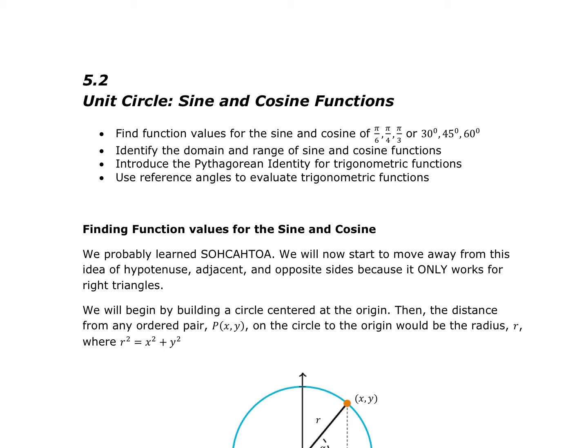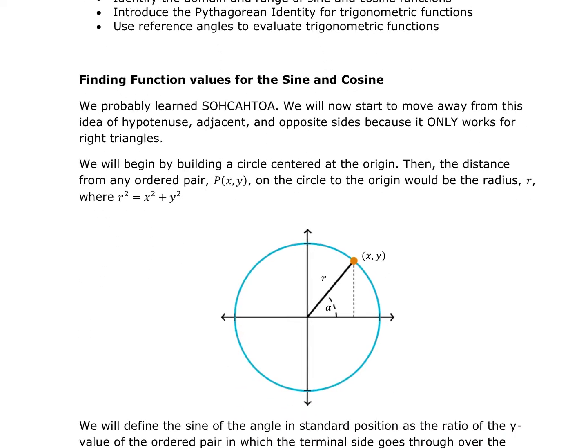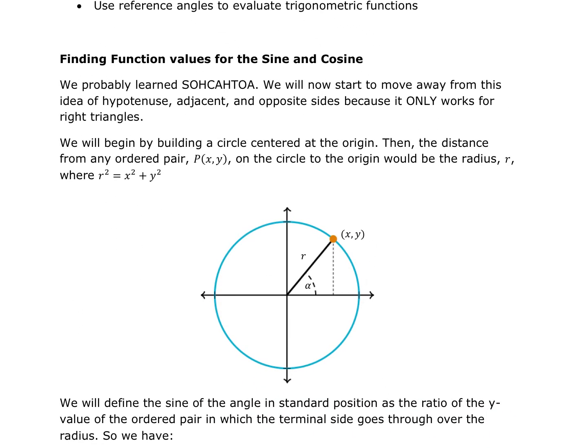Because SOHCAHTOA only works for right triangles, and most of the trig we are going to be doing in this class is not right triangles, we're going to redefine sine and cosine. It won't be in terms of opposite over hypotenuse, but it'll still be in terms of a ratio. So let's start by building a circle centered at the origin.